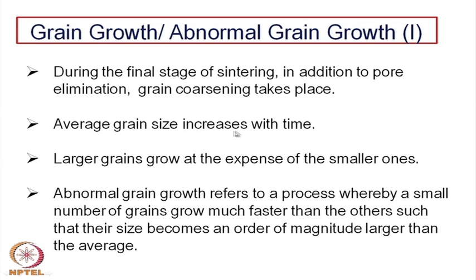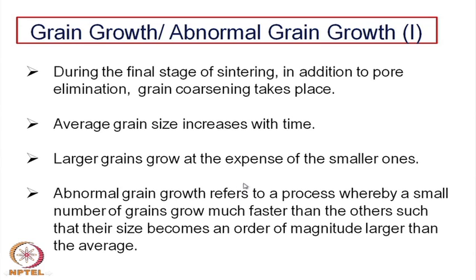Average grain size increases with time. Larger grains grow at the expense of the smaller ones. That is a very similar phenomenon to particle coarsening. Abnormal grain growth refers to a process whereby a small number of grains grow much faster than the others, such that their size becomes an order of magnitude larger than the average.